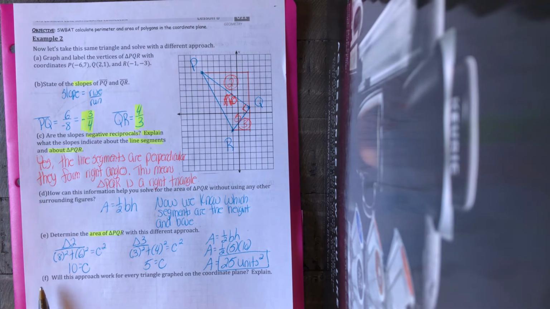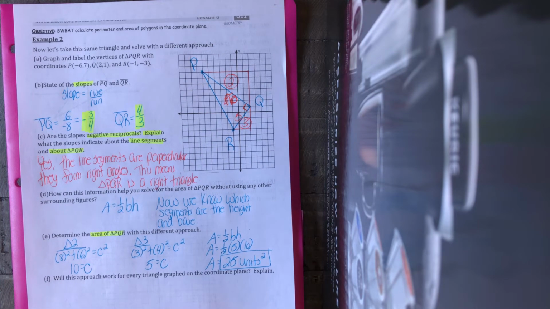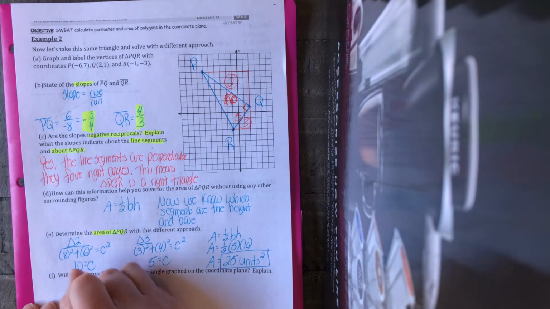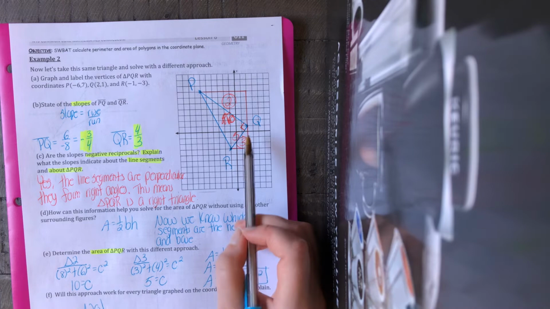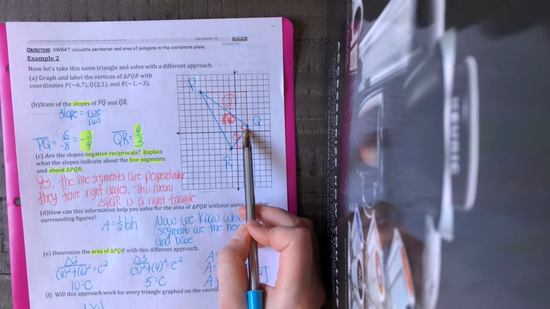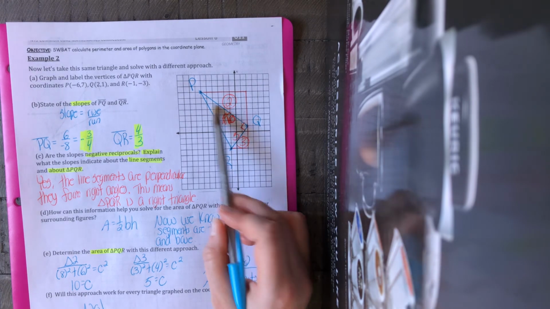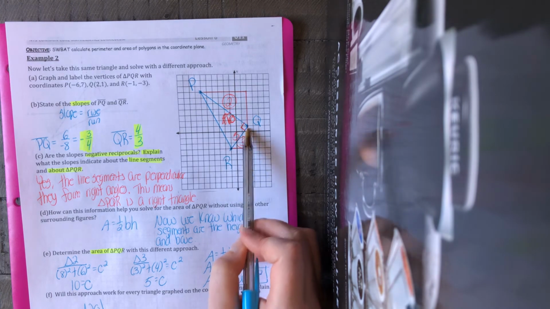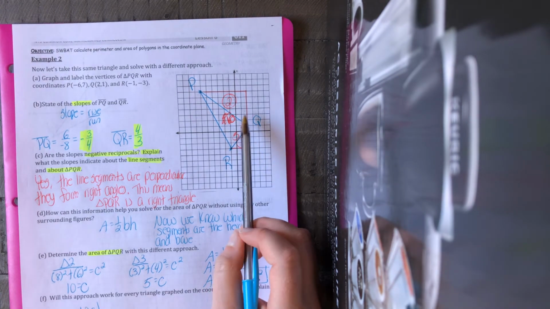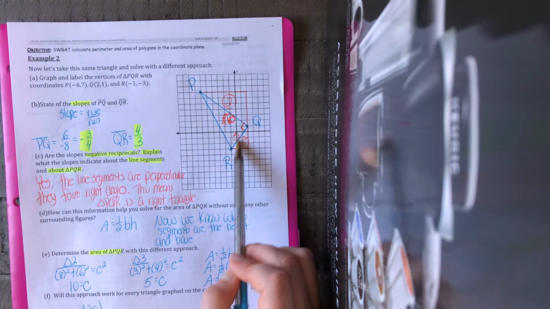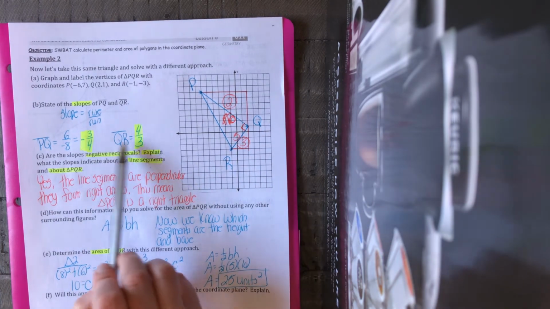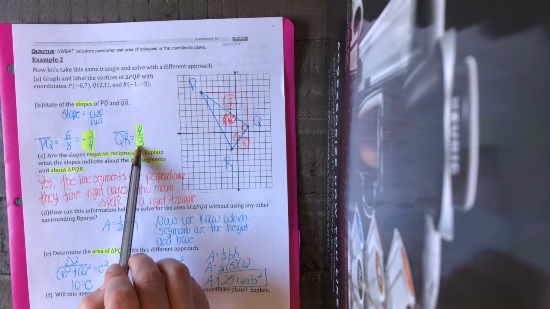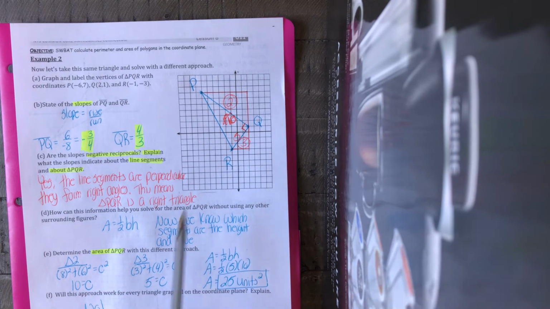And then if we look at part F, it says, will this approach work for every single triangle? The answer is going to be no. It's only going to work if you know what segments are definitely going to be the height and the base. And I only knew that PQ and QR were the height and the base because these negative reciprocal slopes showed me that. I know that this had to be a 90-degree angle.